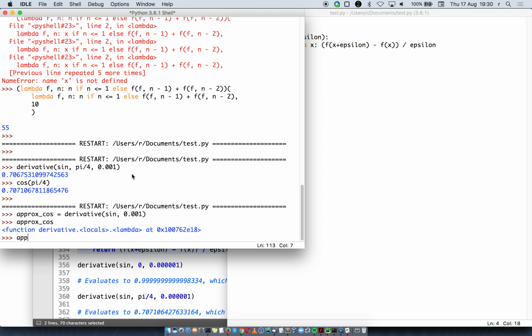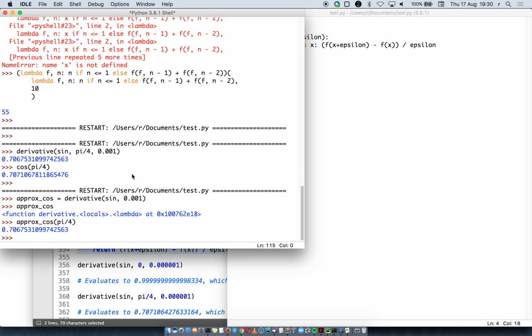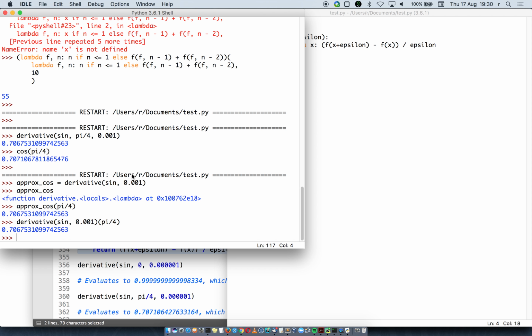So now I can say approximation of cos applied to pi divided by 4 and get the value. Or I could go directly and say derivative of sine and 0.001 applied to pi divided by 4. Is everybody okay with this?